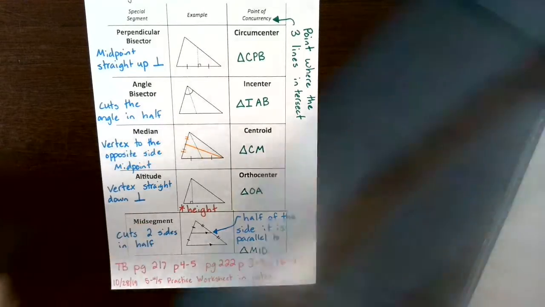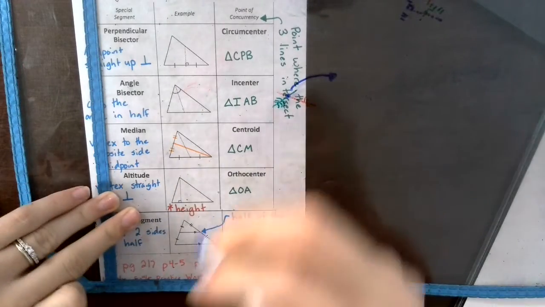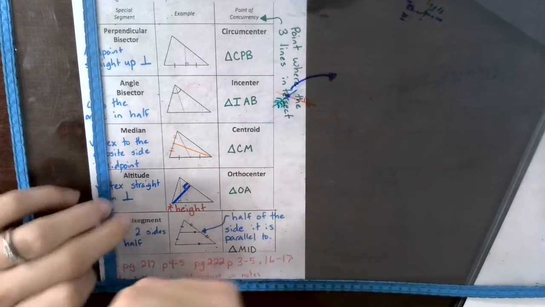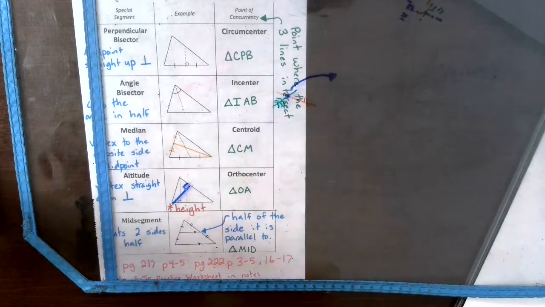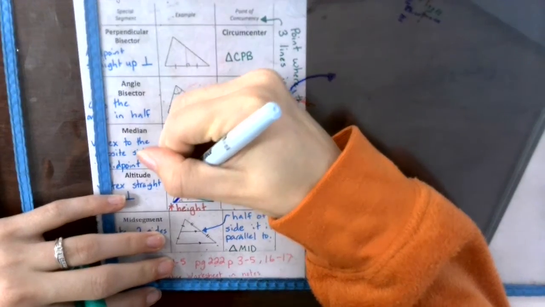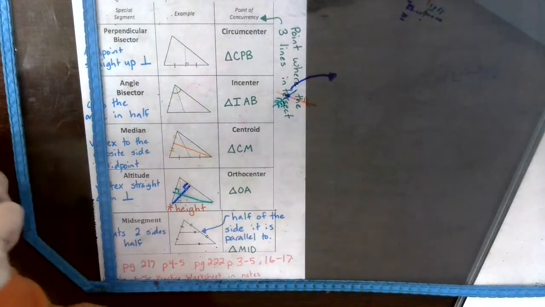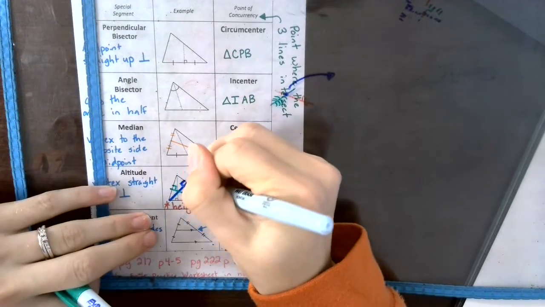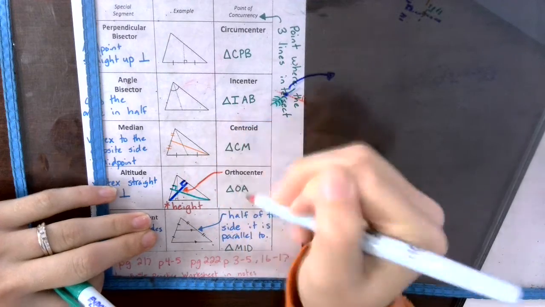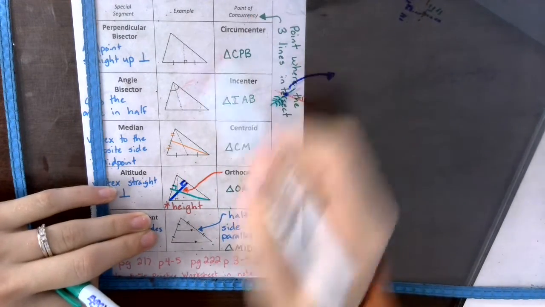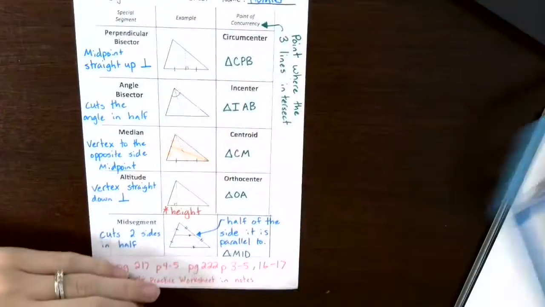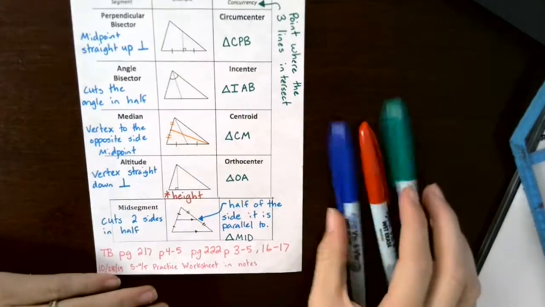And then if we were to draw on, once again, all three altitudes, this point where all three altitudes intersect would be called the orthocenter. That's the point of concurrency of altitudes, the orthocenter for altitudes. So that's very important here as well.